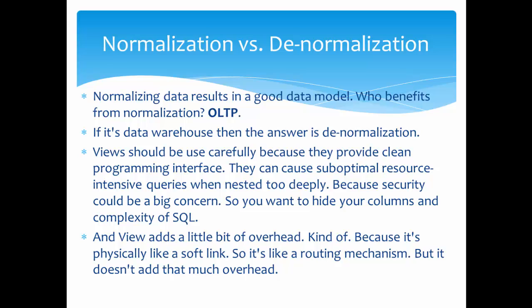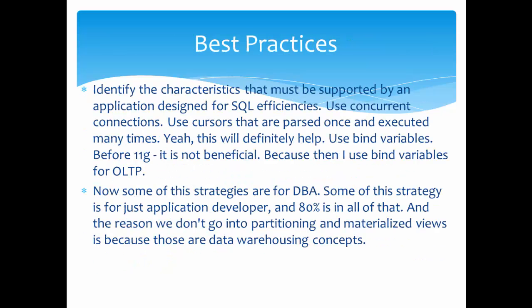So you want to hide your columns and the complexity of SQL. A view adds a little bit of overhead, kind of, because it's physically like a soft link. So it's like a routing mechanism, but it doesn't add that much overhead.